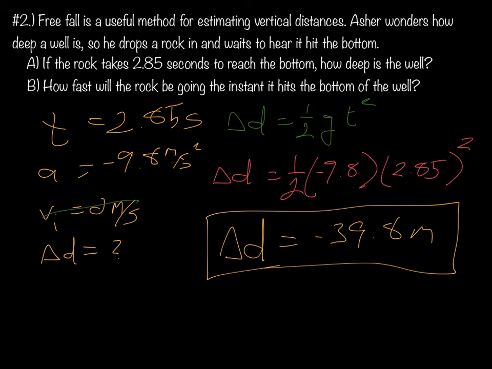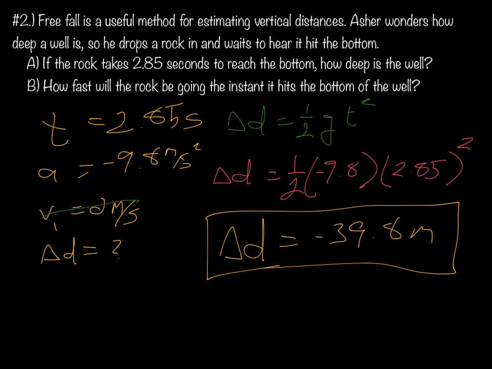So the next part of the question, part B, is how fast will the rock be going the instant it hits the bottom of the well? So now we're looking for its final velocity. And since we know the displacement, we can find the final velocity, but I'm not going to use that equation.